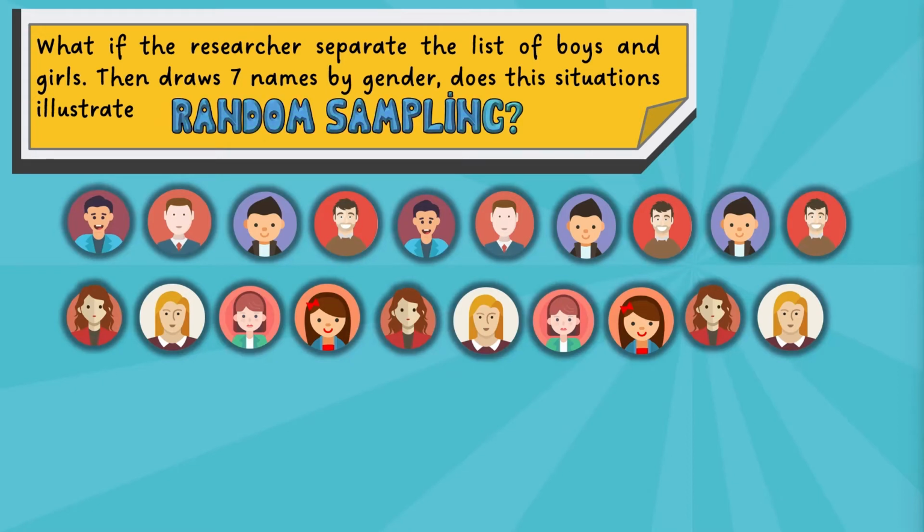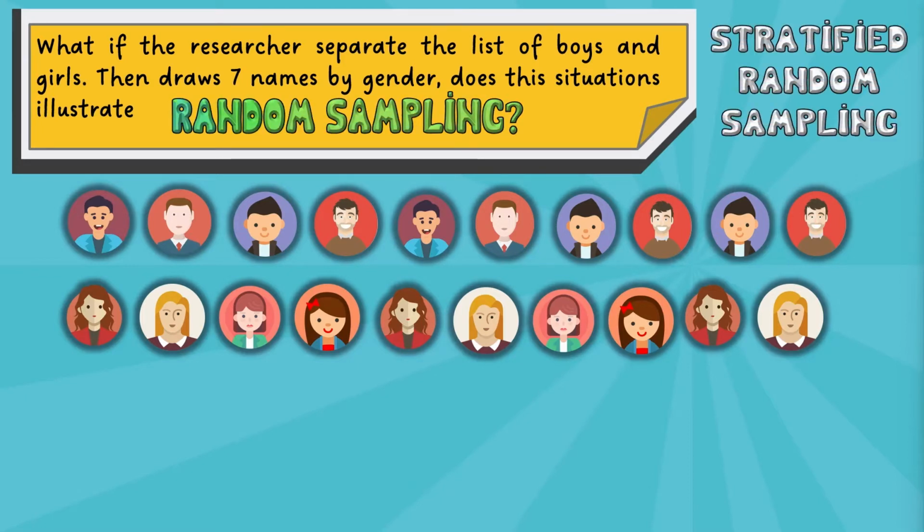Okay, if your answer is yes, you are correct. This situation illustrates stratified random sampling because the students were divided into 2 different strata or groups, boys and girls, with a proportional number for each group. Samples will then be selected at random from these 2 groups.